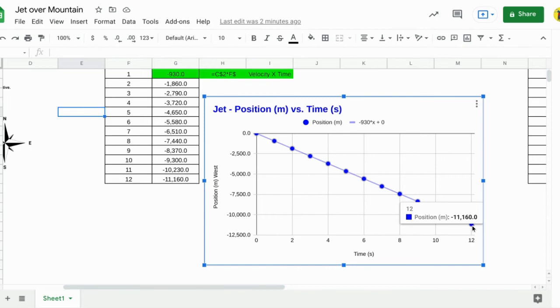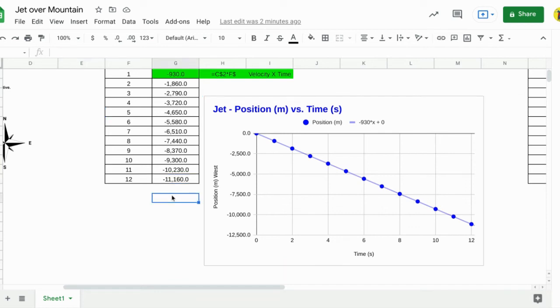If you click on the point, it tells you position negative 11,160, which is the same value that we see in the table right there. And here's the equation of the line right up here: negative 930x, the negative 930 is the slope, plus a y intercept of 0 because it started at the 0 position.